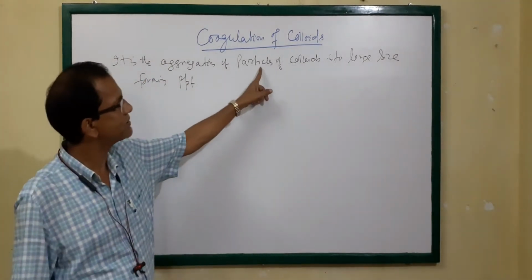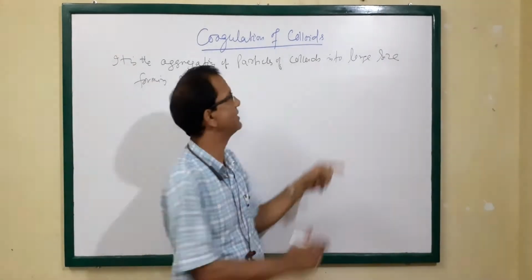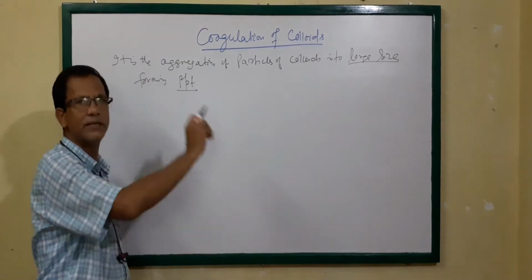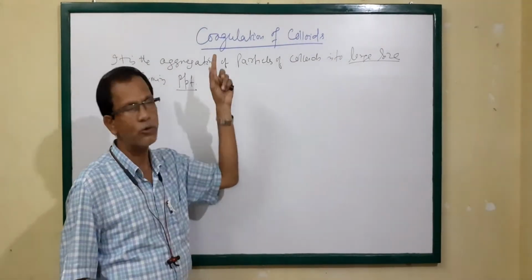Aggregation of particles of colloids into large size, forming precipitate. That is called coagulation.